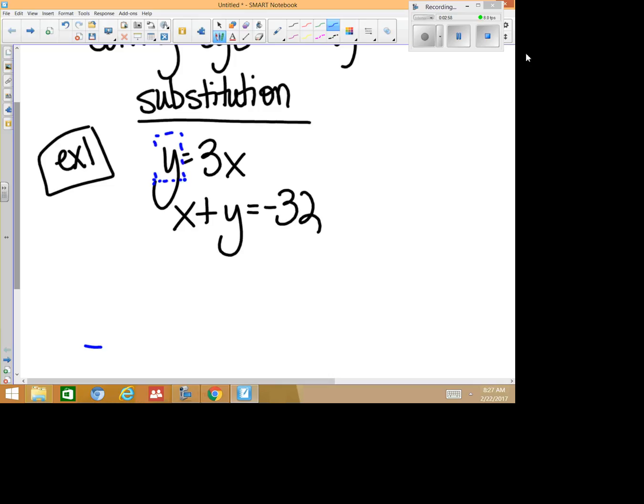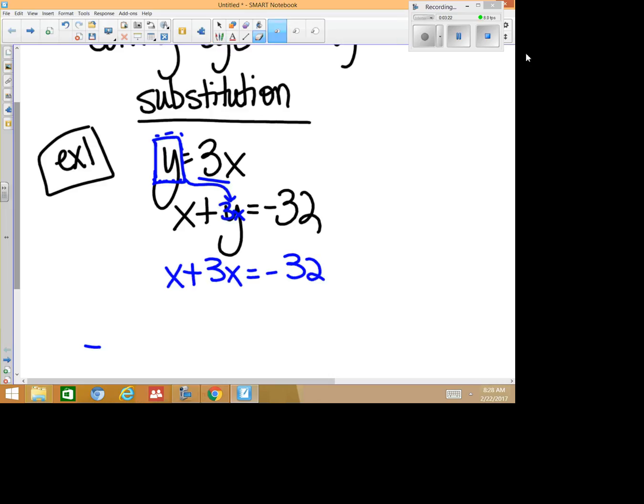So you are going to take this 1y and plug it into this equation, and plug in that 3x right here. So the actual equation that you're working out is x plus 3x equals negative 32.